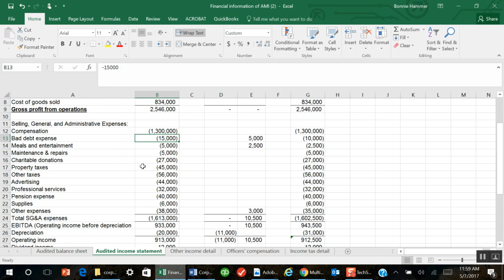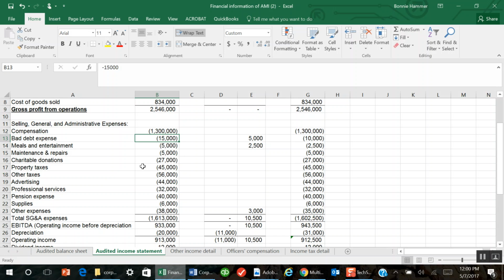So if you deem a receivable to be uncollectible, you billed the customer several times, and maybe even you found out the customer is bankrupt or they skipped town and you just know you're never going to get that money back, you can actually write off the receivable.